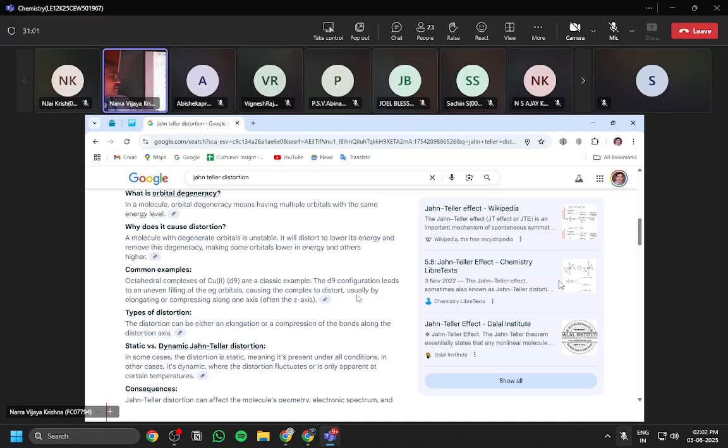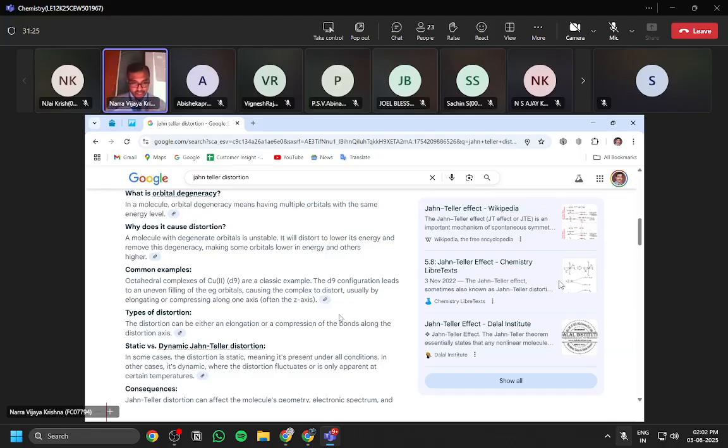It leads to uneven filling of eg orbitals, causing the complex to distort, usually by elongating or compressing along one of the axes. Elongate means maybe axial becomes elongated or equatorials may be compressed.